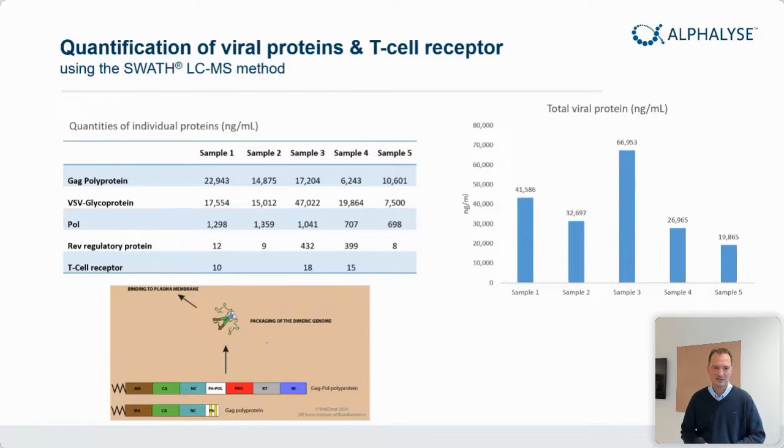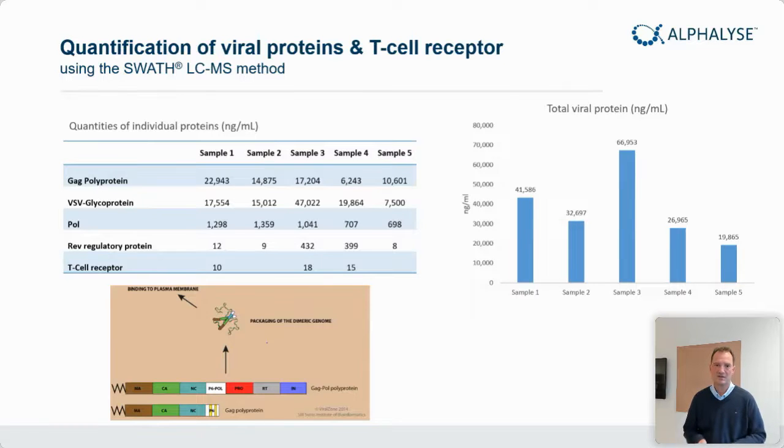As you can see in the table above, we can quantify each of the viral proteins, and you can look at the amounts and compare them between different batches. We could also see that the T-cell receptor was expressed in small amounts for 3 of the products. On the table on the right-hand side, you see the total amount of viral proteins in nanograms per ml.